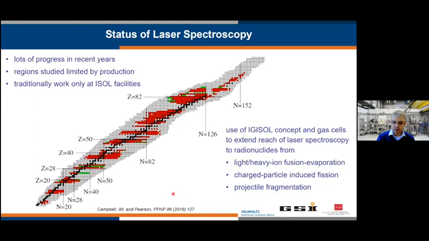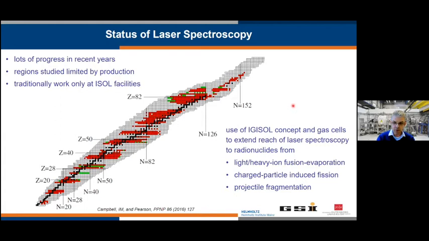One of the first things that was added is the so-called IGISOL concept, which already includes a gas system, and recently additional variants of gas cells were used. The main idea is if you use different types of nuclear reactions like fusion evaporation reactions or maybe charged particle induced fission or projectile fragmentation, you very often have to deal with high energy reaction products, where high energy means relative to the energy scale you want for your atom.